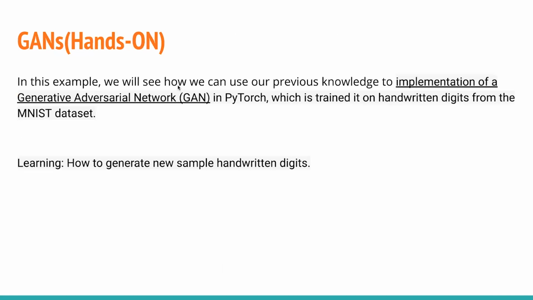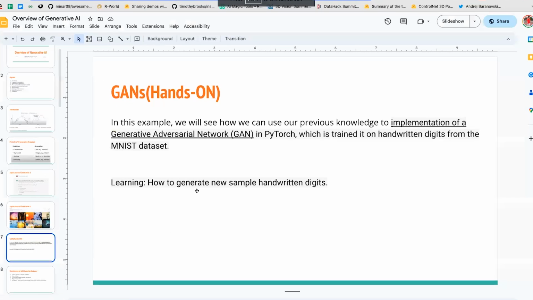I have already covered GANs, but I want to cover them again, along with some implementation of GANs in PyTorch. GANs are considered the hello world program for generative AI. They have the potential to generate new samples that look similar to the images they have been trained on.